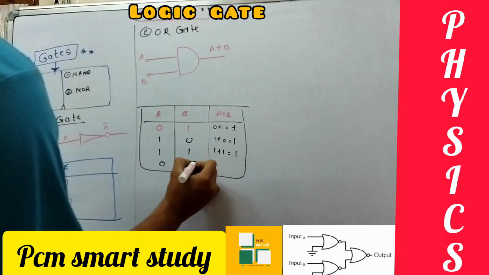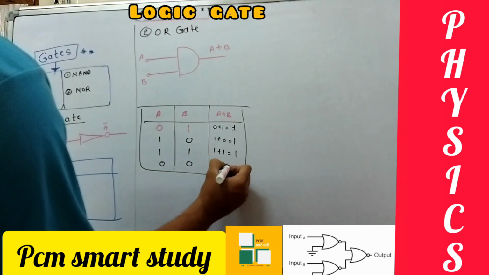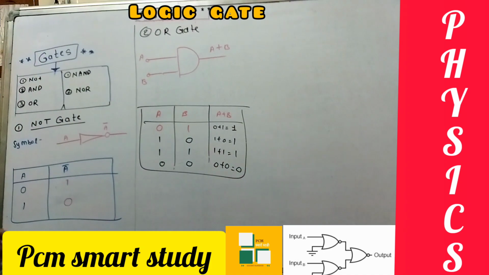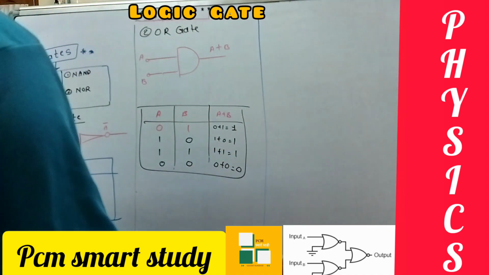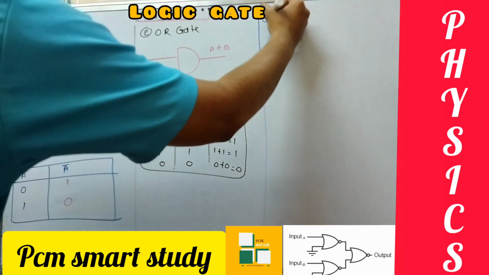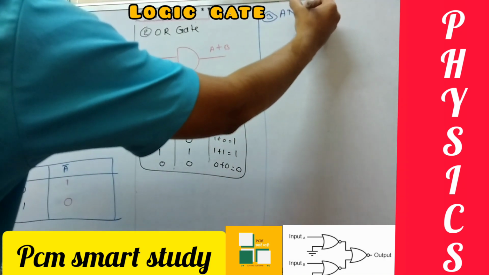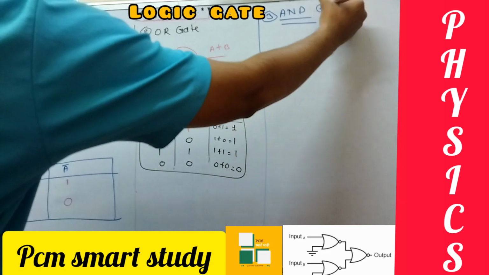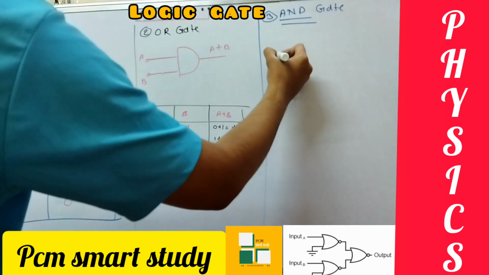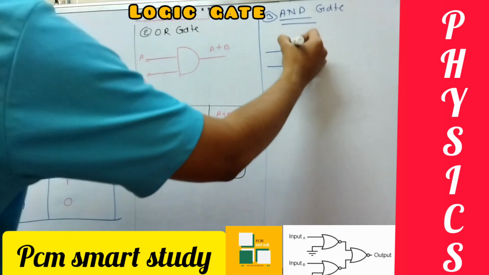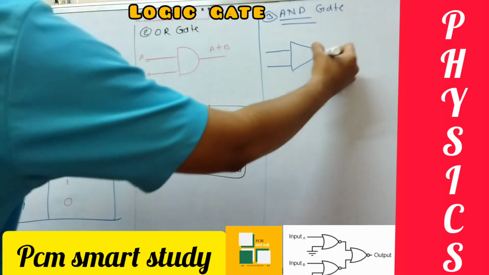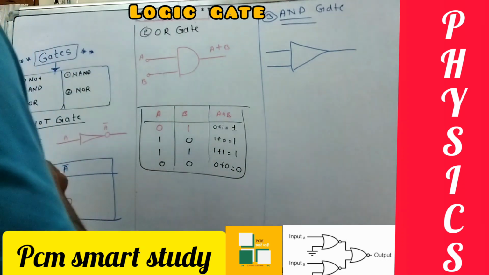Next is the AND gate, and this is represented by this symbol. There are two terminals of the AND gate, A and B, and the output gives the product of A and B. This is used for product.